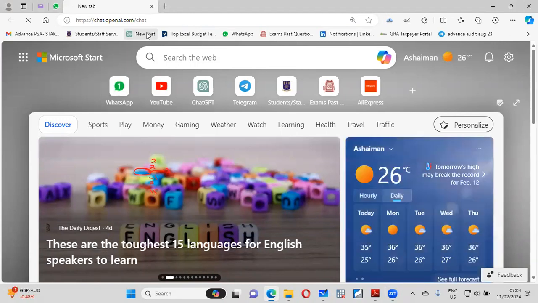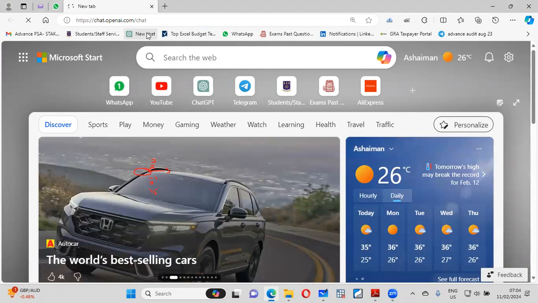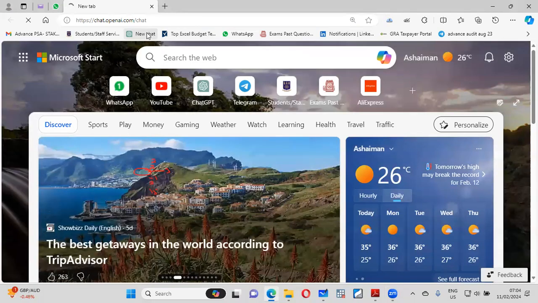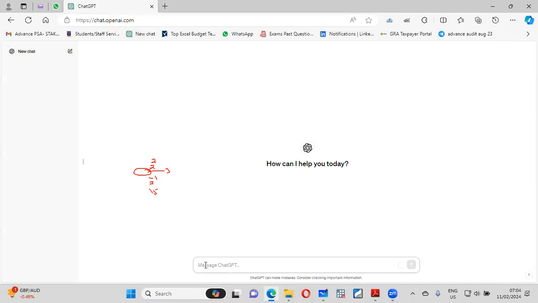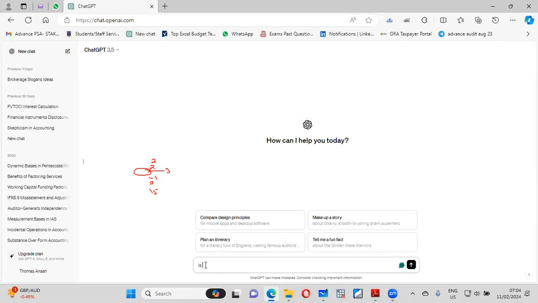Just a moment. So let's bombard it. Is a projector part of a computer peripheral?